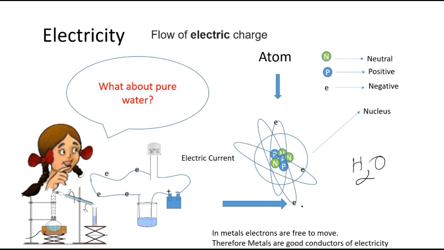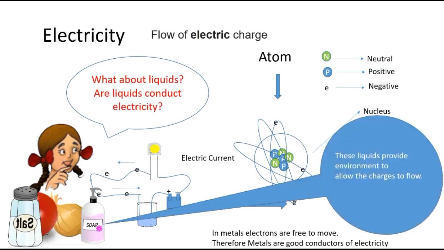And therefore, pure water is not a conductor of electricity. Remember this. But the rest of the solutions here such as salt, soap, onion juice, tomato, lemon and other vegetable juices provide an environment for the electrons to move. And that's why they allow electricity, whereas pure water will not provide that same environment for the movement of electrons.